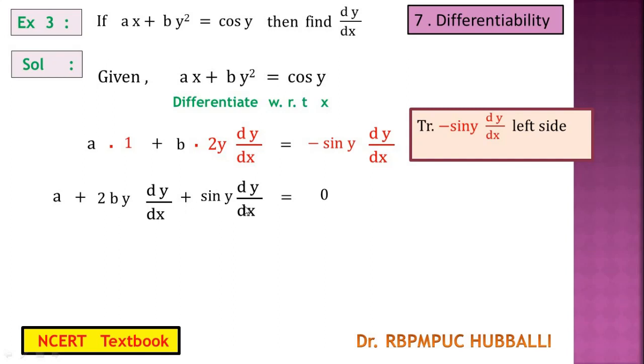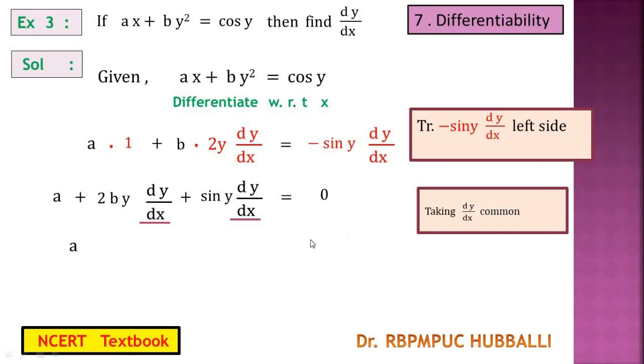Okay, so now we take the common, taking dy by dx common. So, I take the common, dy by dx into bracket. From the first term 2by we have, and from the second term sin y. So therefore it is 2by plus sin y, equal to 0.